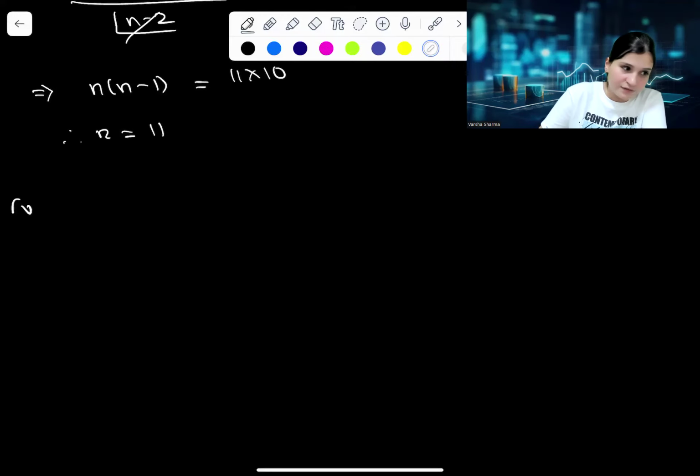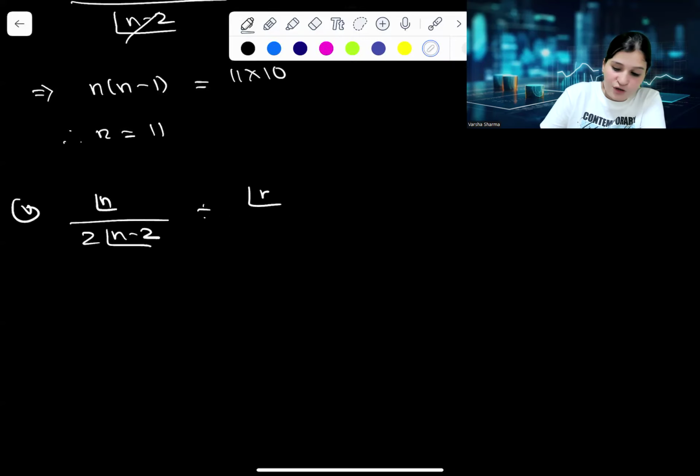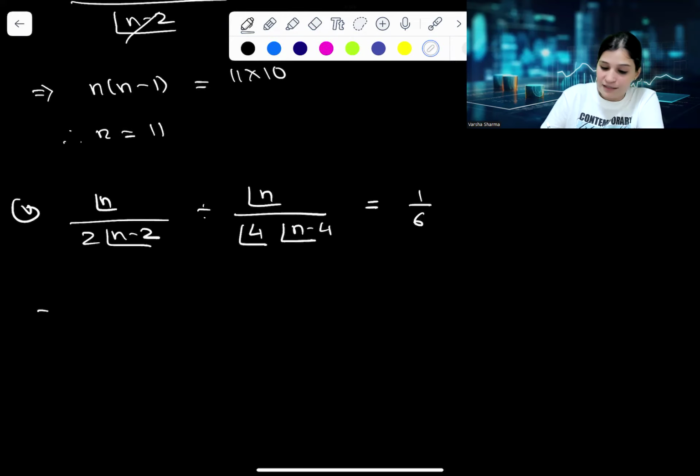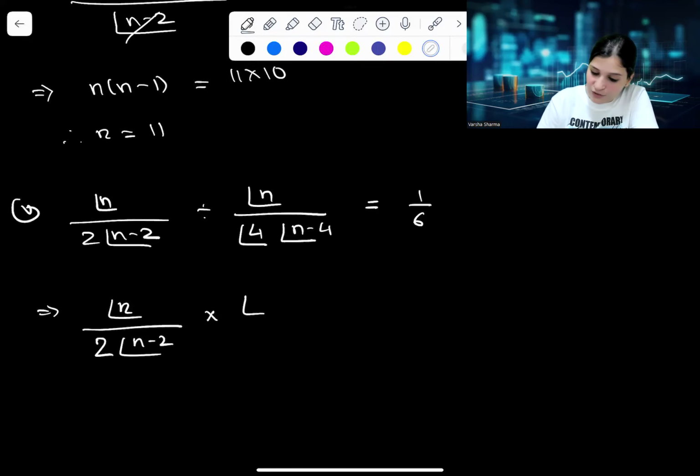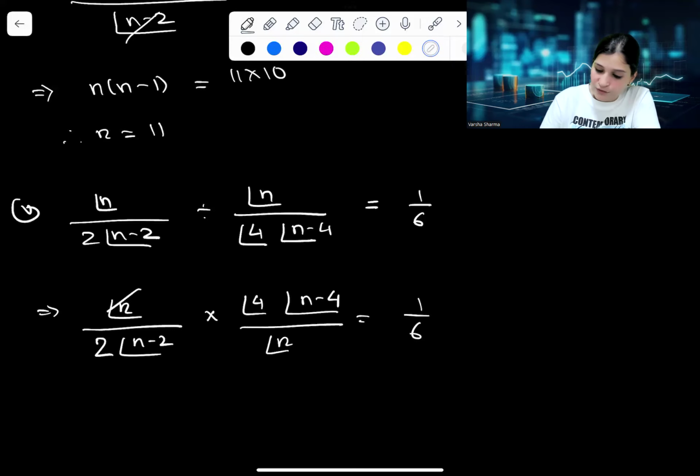Then fifth one. Factorial n by 2 times (n minus 2) factorial, and the ratio of n factorial to (n minus 4) factorial is in the ratio 1 by 6. So from division to multiplication, it gets reversed, reciprocated. Factorial 4 times (n minus 4) factorial over n factorial. Factorial n gets cancelled.